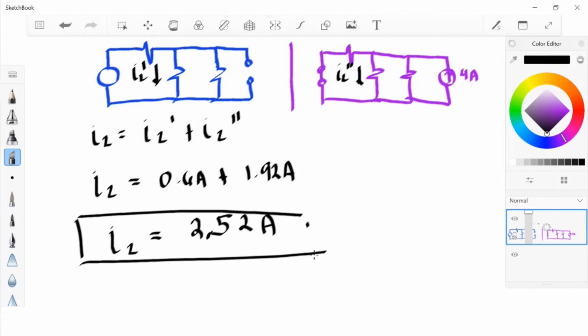That is the final answer. And that's all for today. I hope you learned something from this video. This method is very useful in solving complex circuits. This is superposition theorem in circuit analysis. And that's all. Thank you for watching.